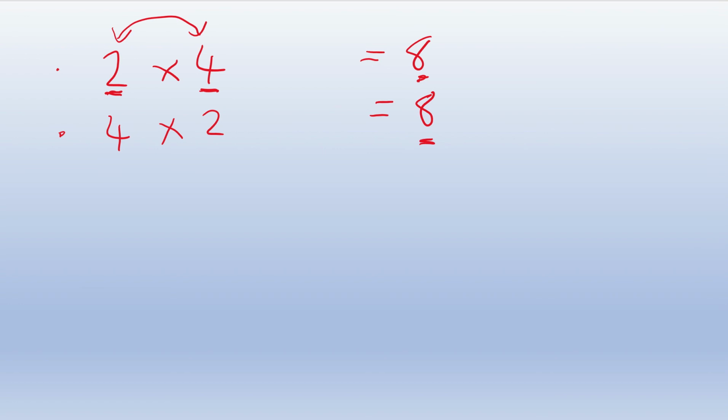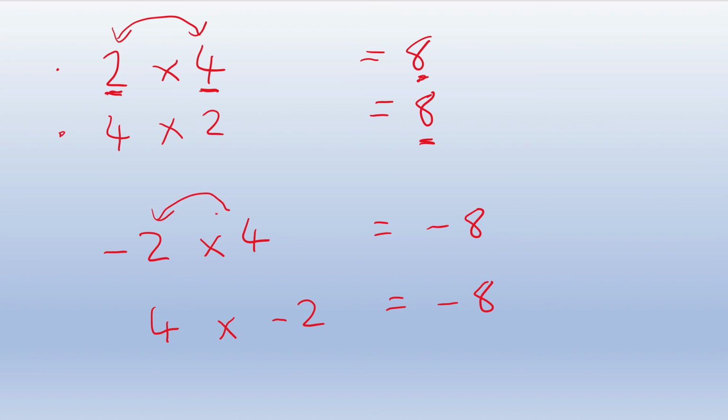So if we took, like, let's say -2 times 4, that would give me a -8. Just linking back into what we just found out. But also, if we'd swap those around, if I said 4 multiplied by -2, that would be equal to -8 as well, because all I've done is swapped the -2 and the 4 around.